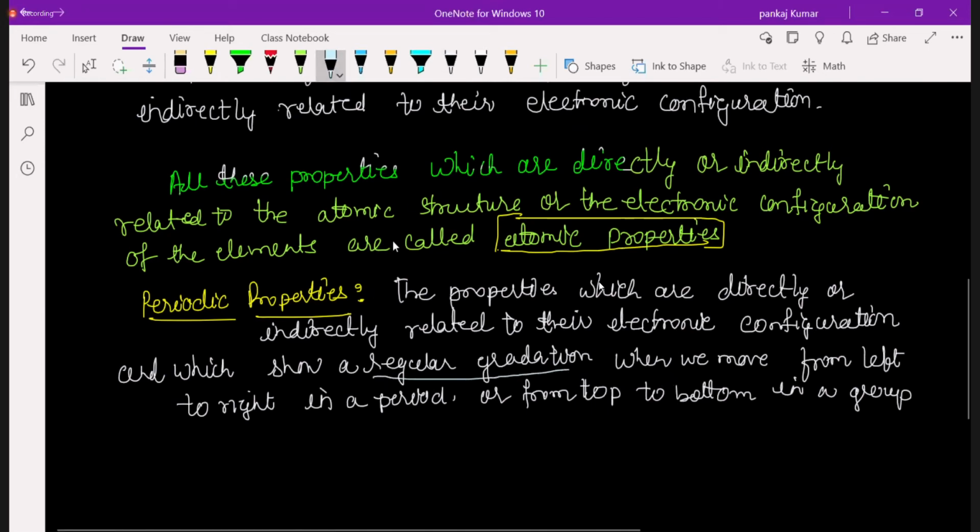Gradation will be only regular. This is an important point, and this gradation is possible when you go from left to right in a period or top to bottom in a group.